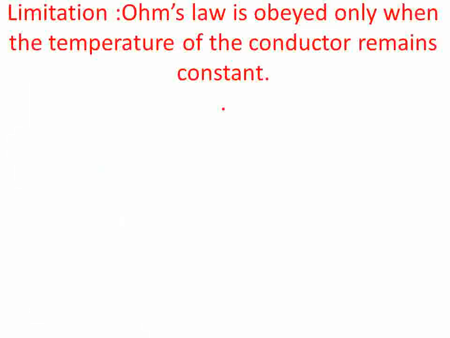Limitations of Ohm's law, that is, conditions at which Ohm's law fails. It is only true at constant temperature. If temperature is changing, resistance is changing, and Ohm's law is not valid for it.